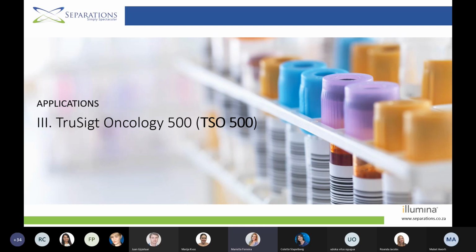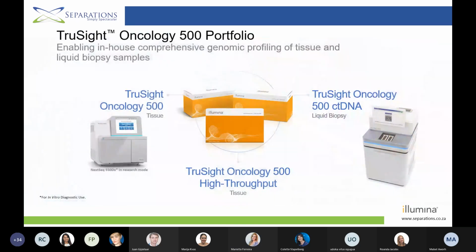So the last application I would like to discuss is the TruSight Oncology 500, or simply TSO 500. TruSight Oncology 500 is a next generation sequencing assay that enables in-house comprehensive genomic profiling of tumor samples.